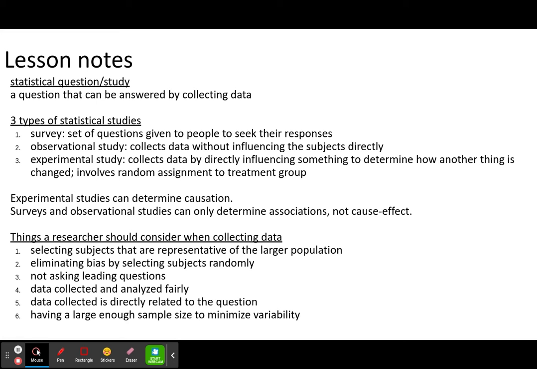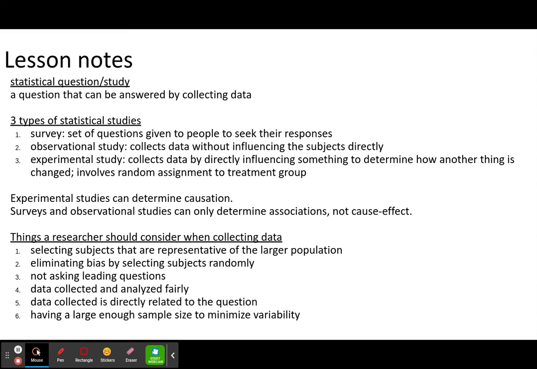A survey is what you think it is. So a survey is a set of questions given to people to seek their responses. That could be something as simple as an email survey or the surveys that they sometimes put at the bottom of receipts at the stores to get responses. Those are all surveys.